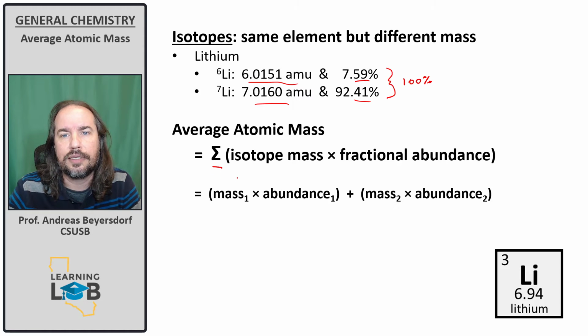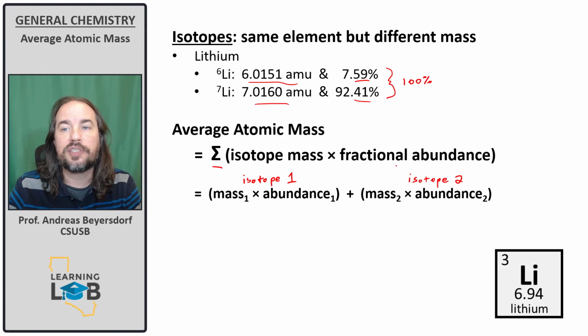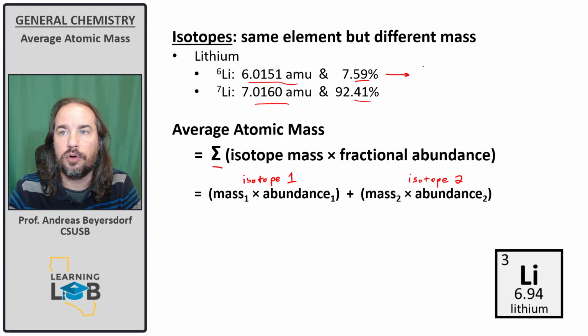Well, this means that I have two isotopes. So for isotope 1, I take the mass times its abundance, and then for isotope 2, I take its mass times its abundance. Now notice the abundances we use are going to be the fractional abundances. Now we have percent abundances here, so to get to the fractional, I take the percent and I divide by 100.